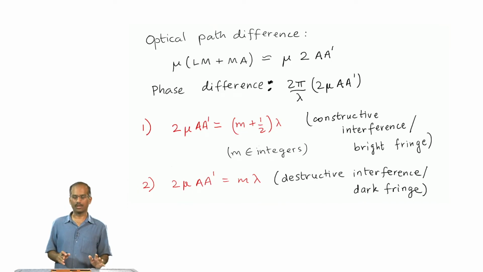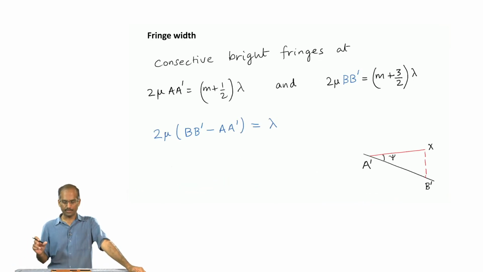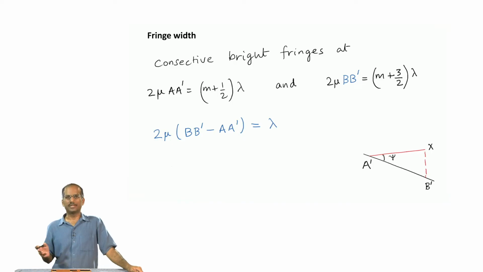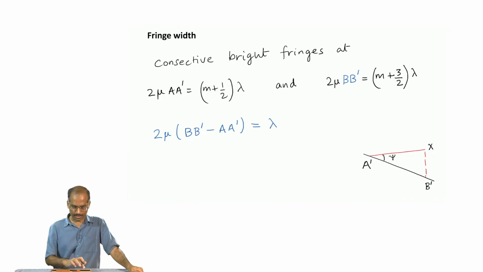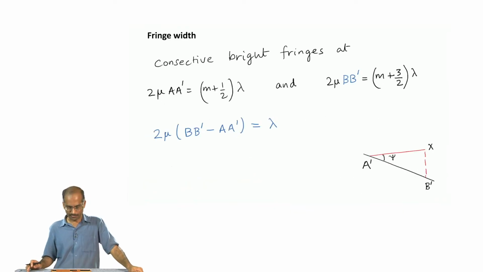Now, you can ask what the fringe width is, in the sense of the distance between two consecutive bright fringes or two consecutive dark fringes. To do that, we just need the condition for one of them. So, let us take the condition for bright fringe.